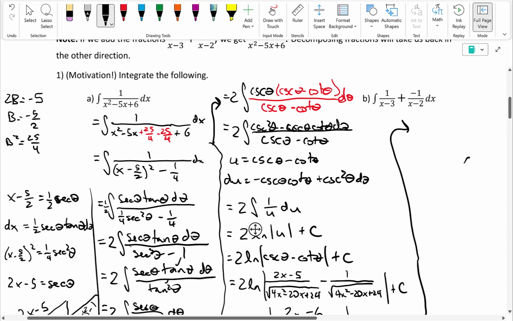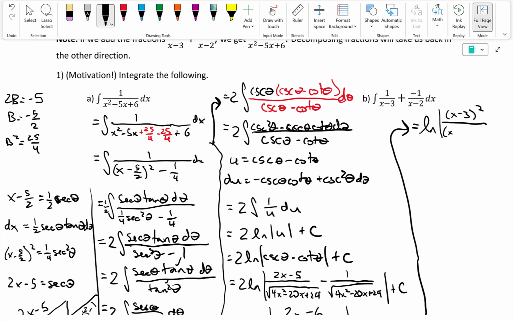Almost done. We've got an equals, we've got a 2, which I'm going to rewrite. So we've got a natural log, the 2 out front, we can bring up inside and square everything. So the 2's down there are going to divide out, and we'll be left with an x minus 3 quantity squared over x minus 2 times x minus 3.